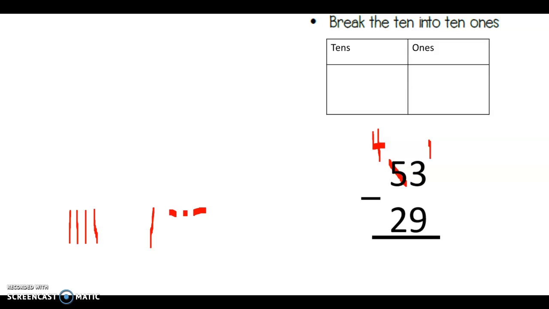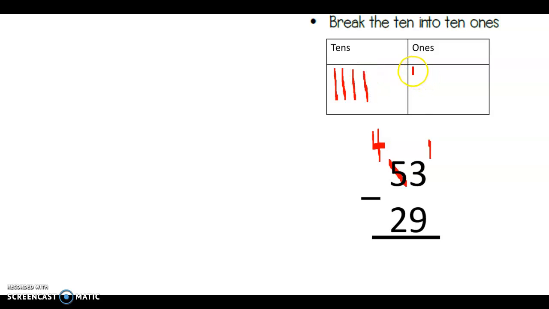All right, now we are going to break that 10 up into 10 ones, because 10 ones makes 1 ten. So I've got my 4 tens on this side.